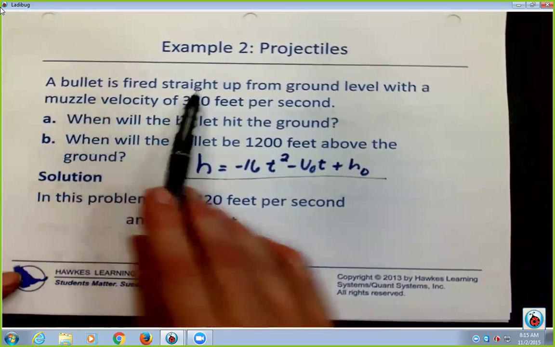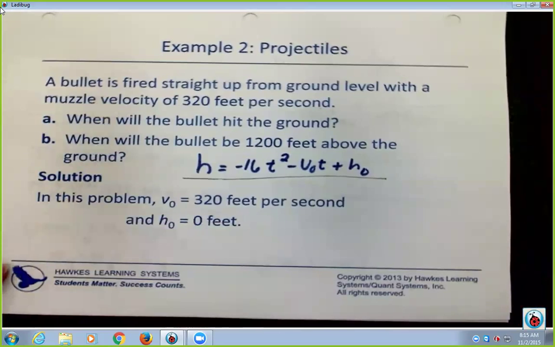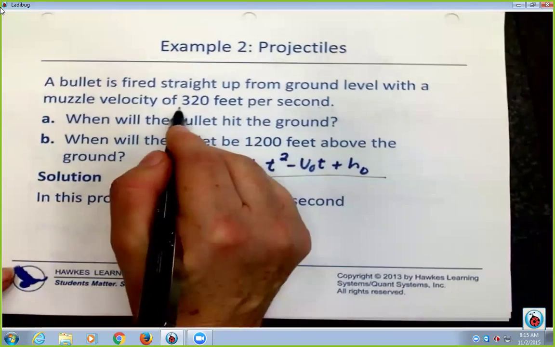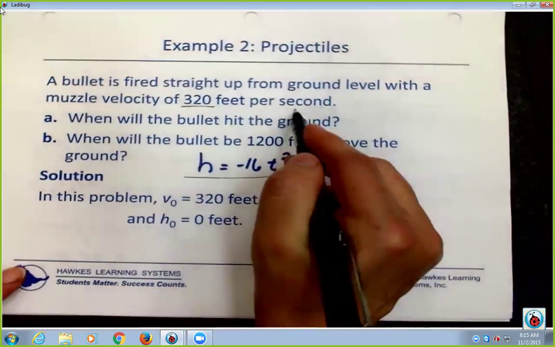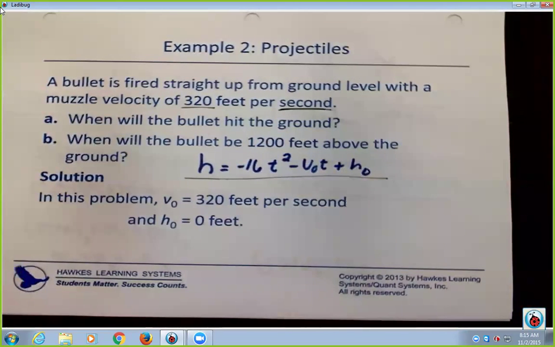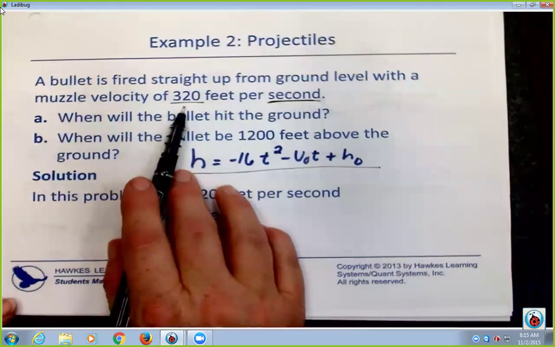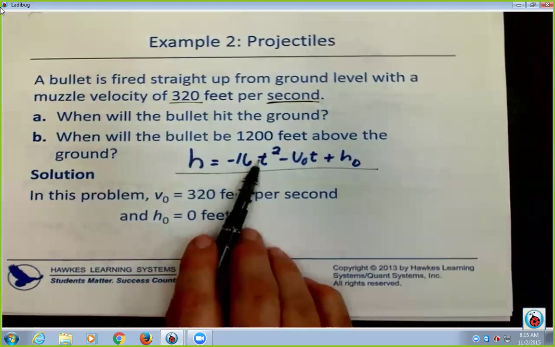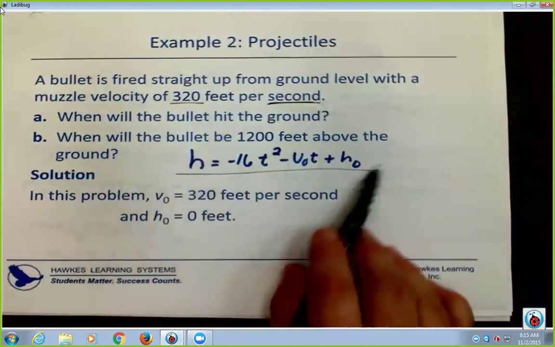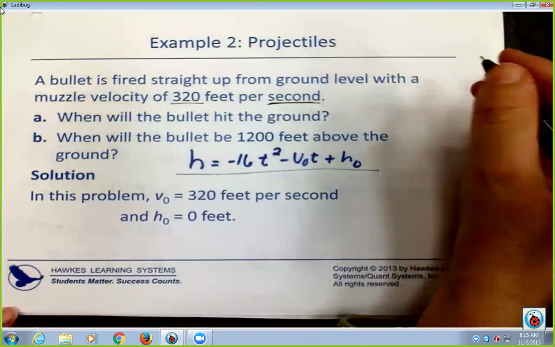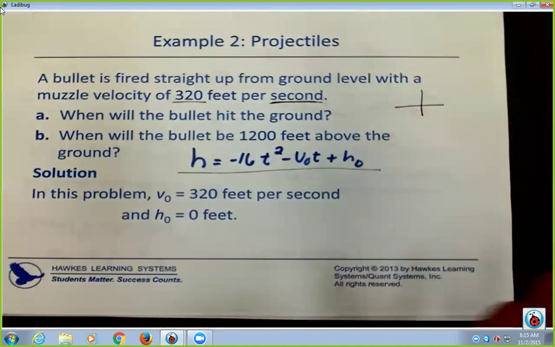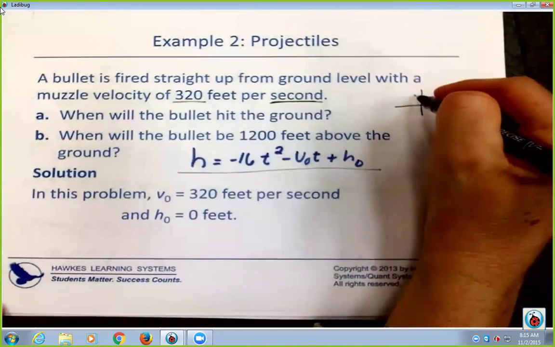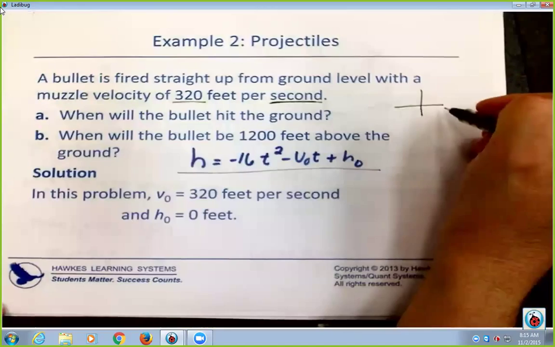It says a bullet is fired straight up from the ground level with a muzzle velocity of 320 feet per second. So every time something goes up, each second it's going to go 320 feet up in the air. Now the reason we use the quadratic is because if you remember way back at the beginning of chapter 10, we were talking about the parabola and where it crosses.